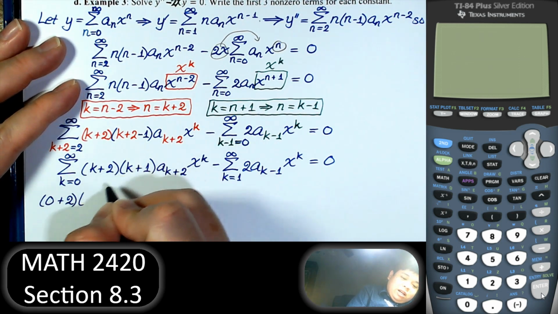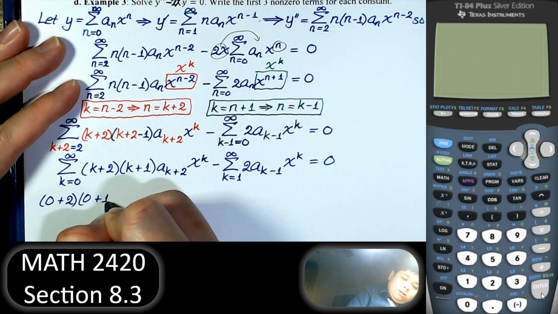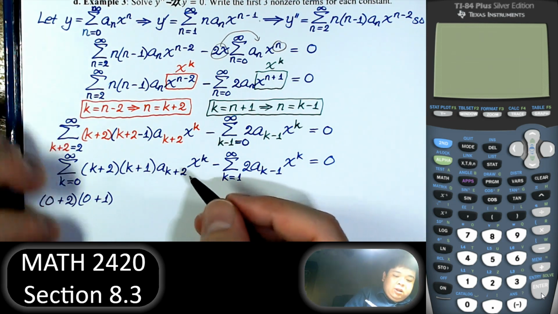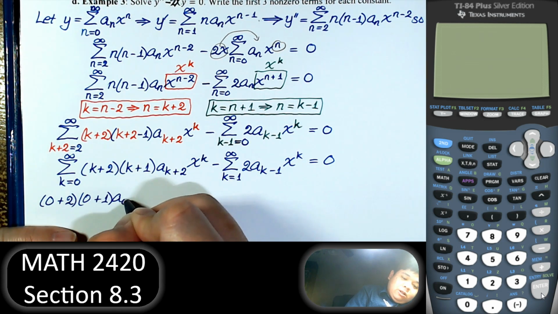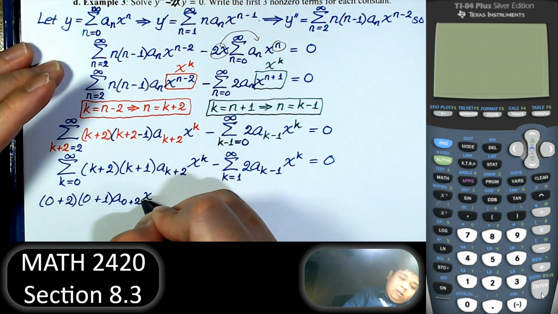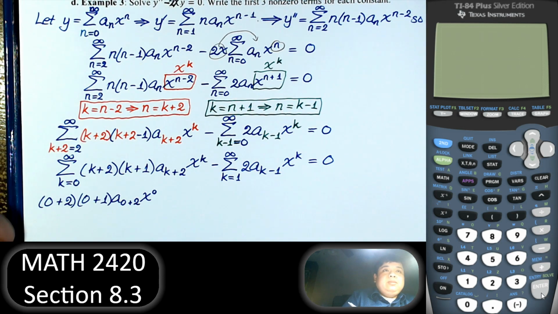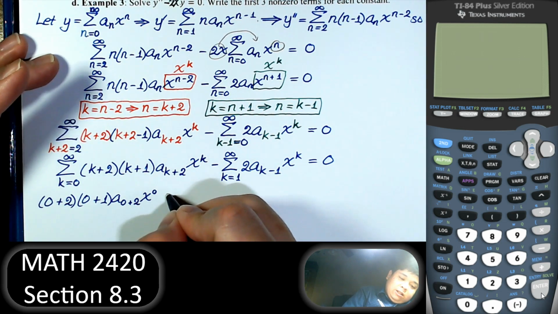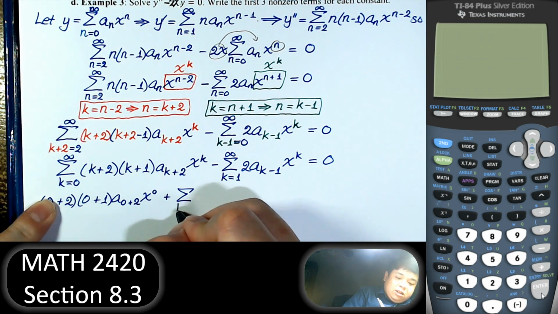k equal to 0, zero plus 2, x to the 0. Right. Once I write that, the series now can start from 1.